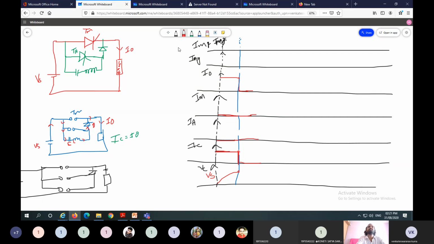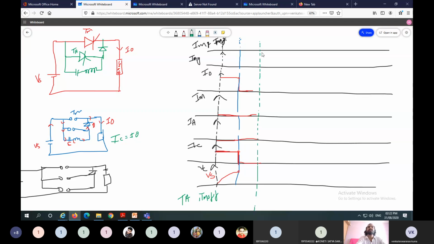Now at this line, both SCRs are in off state. TM off and TA also off. Main thyristor, auxiliary thyristor both are in off state.